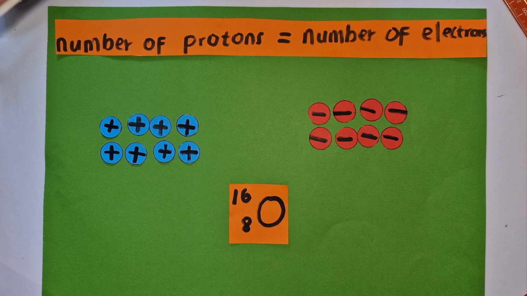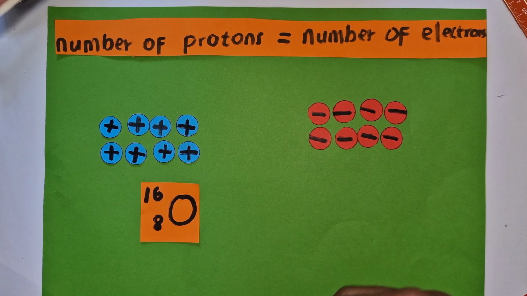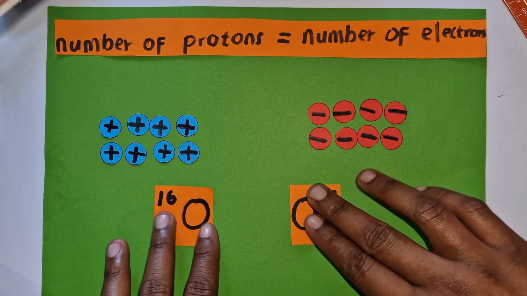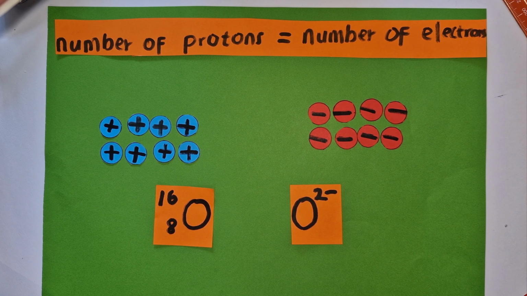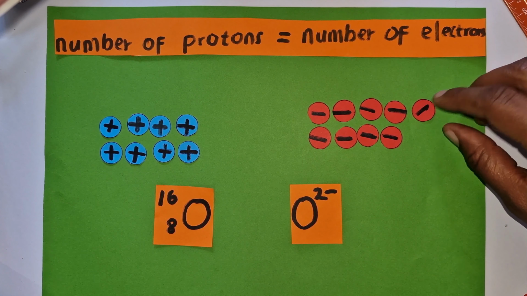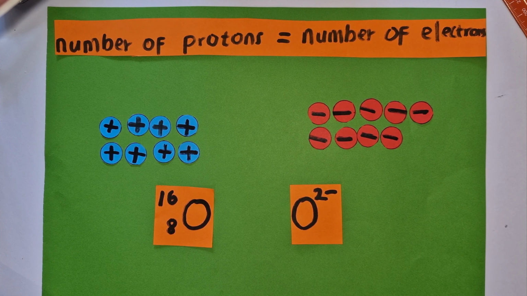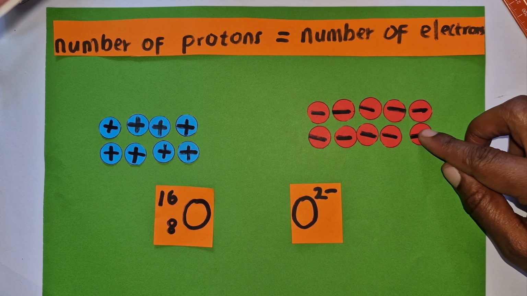Now, how do we form oxygen 2- from this neutral oxygen? To do that, we must add 2 electrons. We add electron number 1, electron number 2.